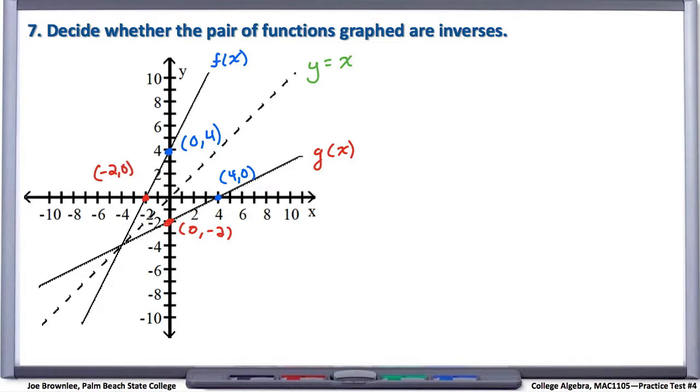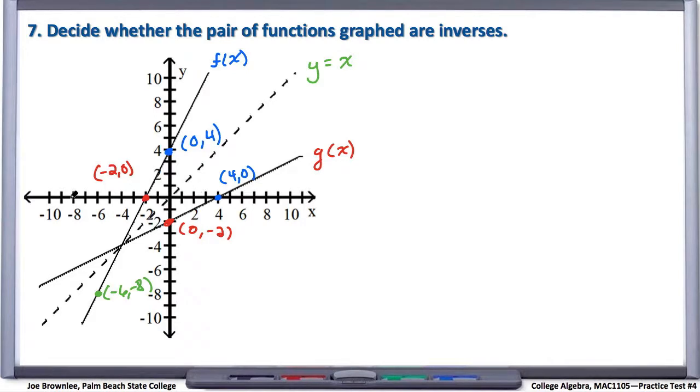And let's go ahead and find one more. Let's use one way down here. Now, this one might be a little more difficult, only because it doesn't appear to be going through any of the x or y axis, but we can guesstimate the point. So how about (-6, -8), it looks like. So that's on the f function, so we would expect to find the point (-8, -6) on the g function.